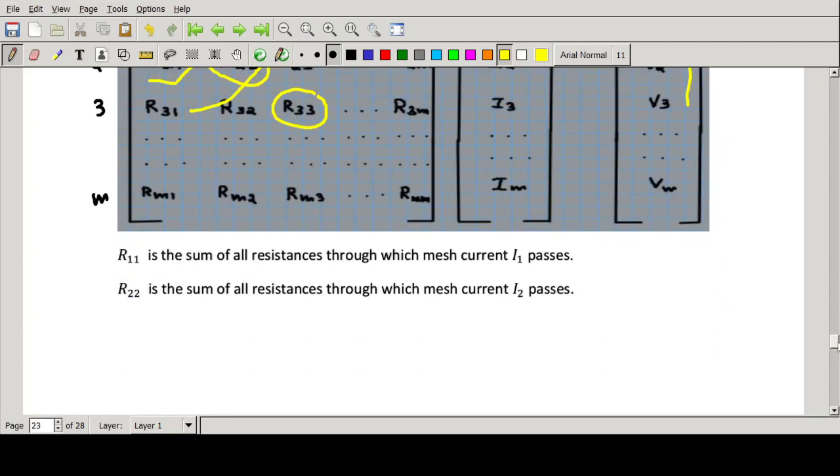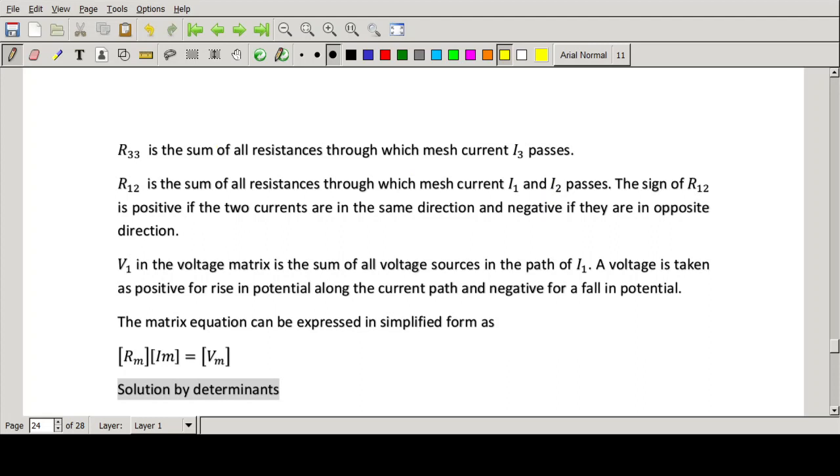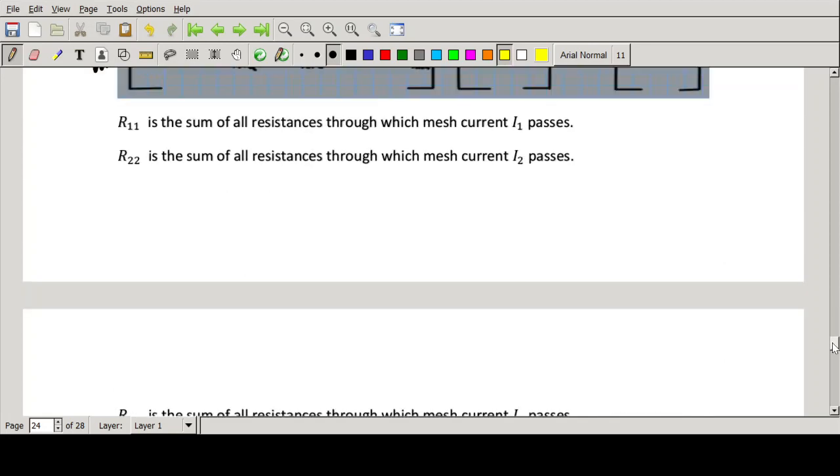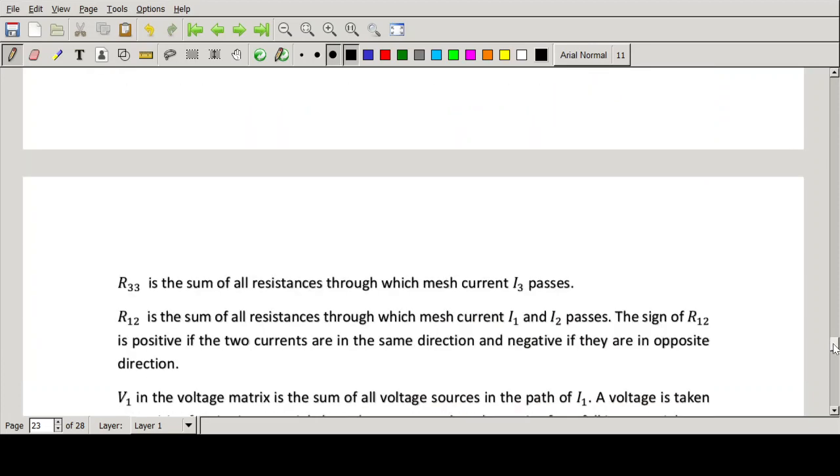Let's see the other conventions used. I have written here R33, R11, R12. R11 means it is the sum of the resistances through which the current I1 passes. So you can easily remember like that. R22 is the sum of the resistances through which current I2 passes. Similarly R33.